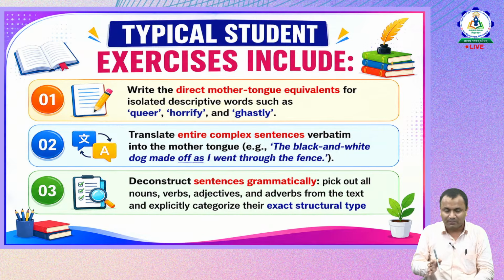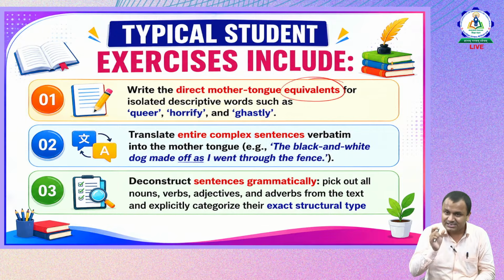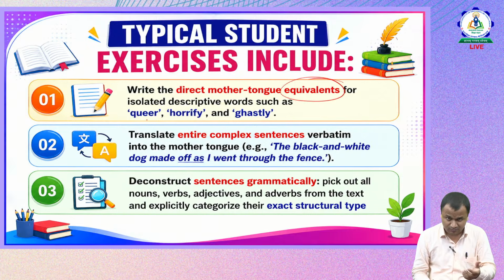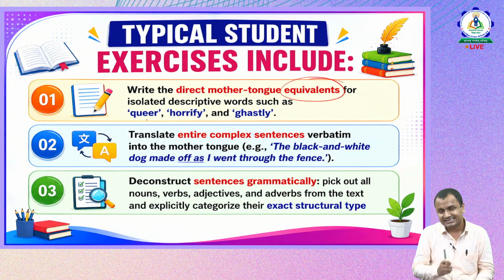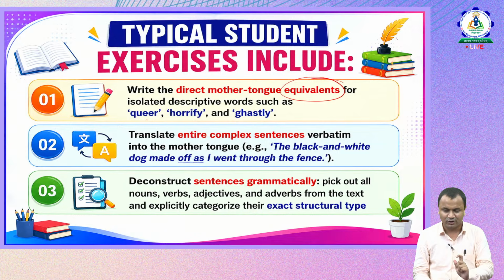So whatever topic is being delivered through GTM, the student will try to find out the equivalents, the tantamounts, the similar or same meaning words in the mother tongue. So let's say there's a word Q in the text that the student has to understand. What the student will try to find out is the exact meaning of Q in Hindi or whatever the mother tongue is. First thing, finding out the equivalents or tantamounts or the similar or same words in the mother tongue.